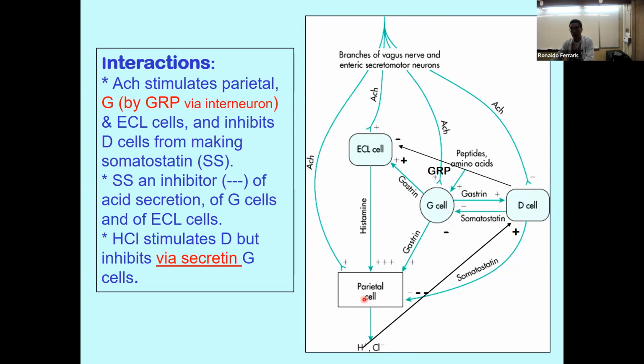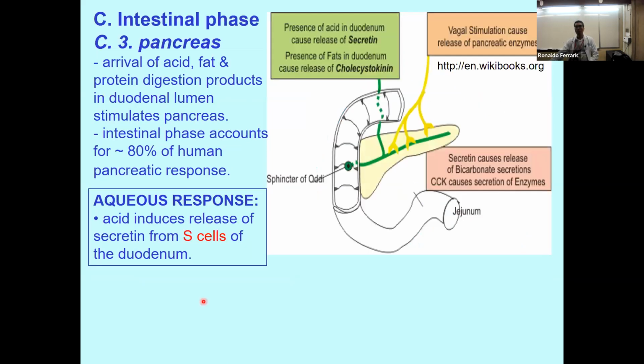It also inhibits the parietal cell quite potently and inhibits the ECL cells. Okay, so you have all of these webs that you can create in addition to my own arrows here.